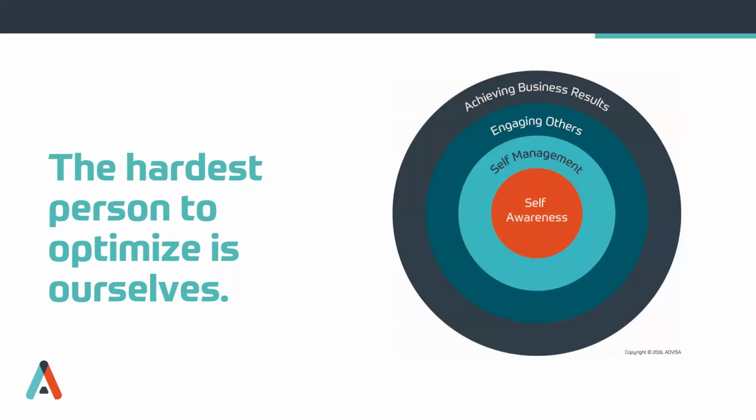And that's really why we use a tool like PI within the workplace, is to get business results, but it starts with self-awareness. It starts with knowing how we likely show up so that we can make those informed choices.